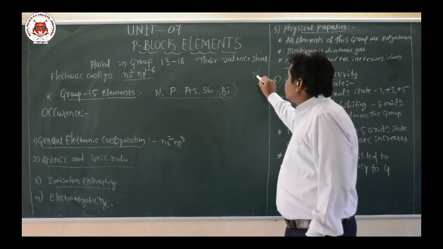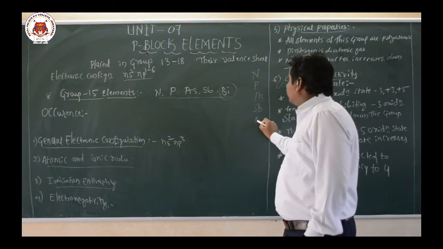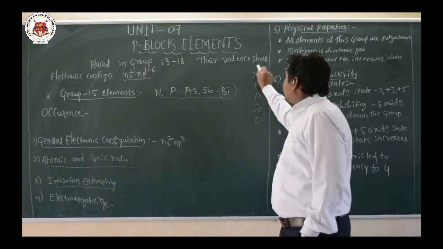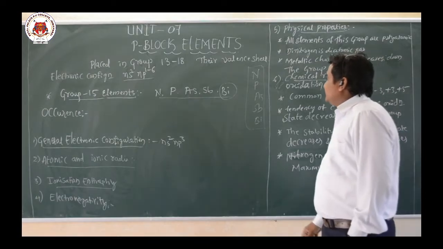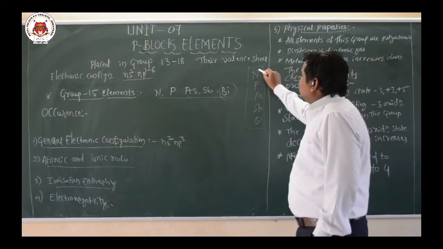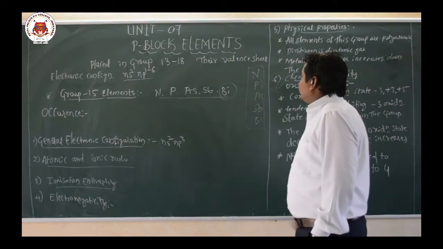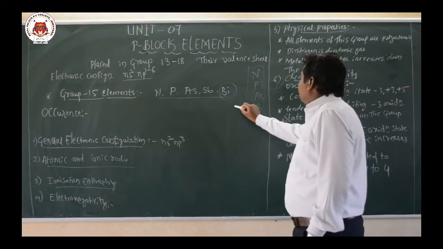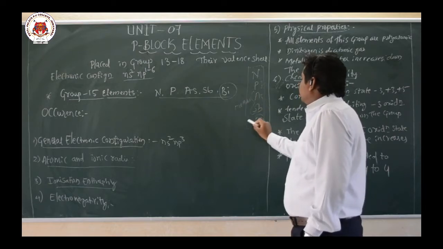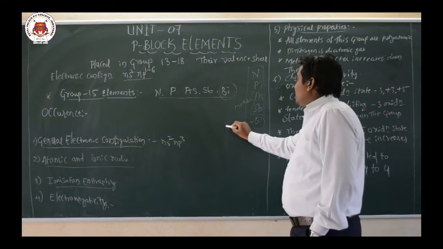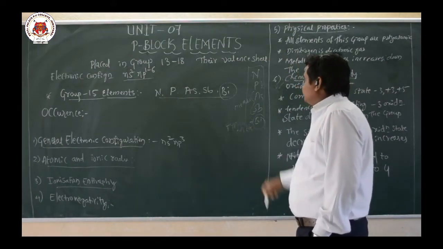The group consisting of nitrogen, phosphorus, arsenic, antimony and bismuth is the nitrogen family, group number 15 elements.